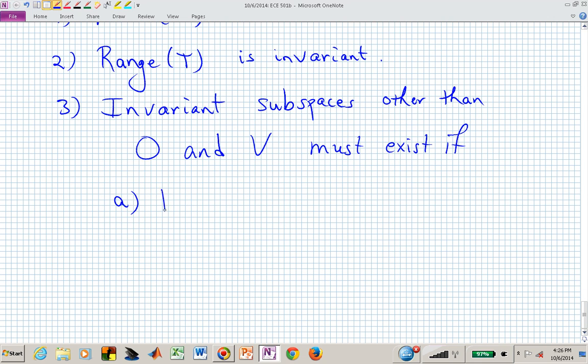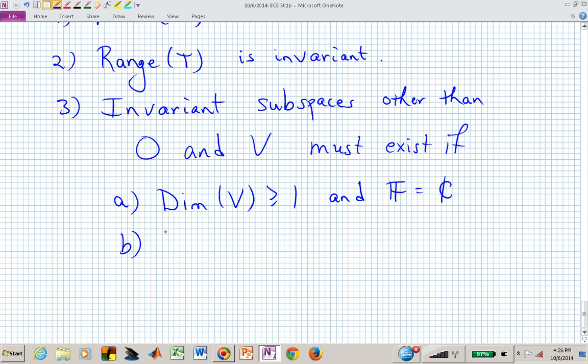For example, if the dimension of V is greater than or equal to 1, and our number field, F, is complex, then we can have other invariant subspaces. We'll get into that in a minute.